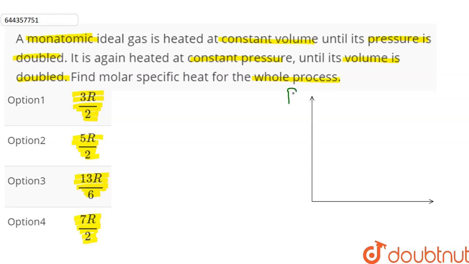So if we draw a PV graph, then the initial state, let's call it 1. First of all, the heat is added at constant volume until its pressure is doubled. Here the pressure is P1 and the volume is V1. Now it is heated at constant volume.